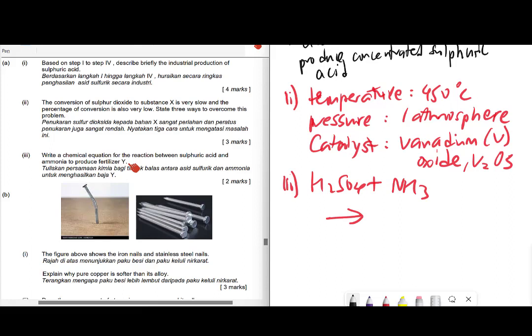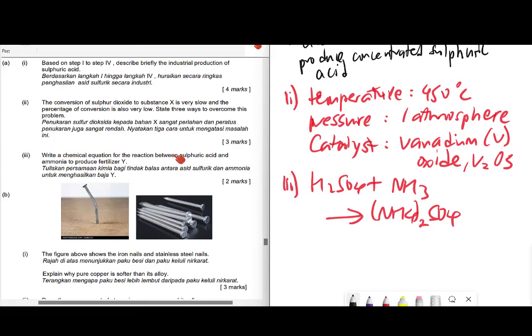So we're going to get a salt known as an ammonium salt, right? So ammonium sulfate. NH4 is plus, SO4 is 2 minus. Because this is 1 plus, this is 2 minus, the 2 has to be over here, crossover. So you have to include the brackets. So we call it ammonium sulfate.